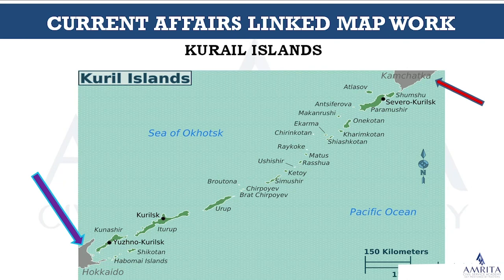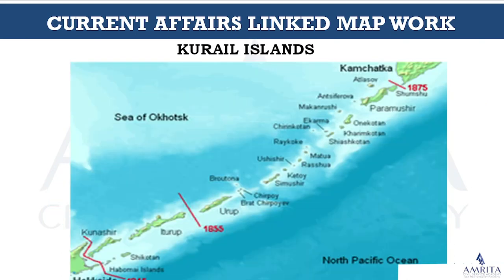These islands were in news because of some territorial dispute between Japan and Russia. Actually, these islands belonged to Japan in 1875 time up to this Kamchatka region. It was under Japan. Then in 1855, it was up to here in 1855, but in 1945, they lost this complete island. But they claim this island because this area having rich resources.